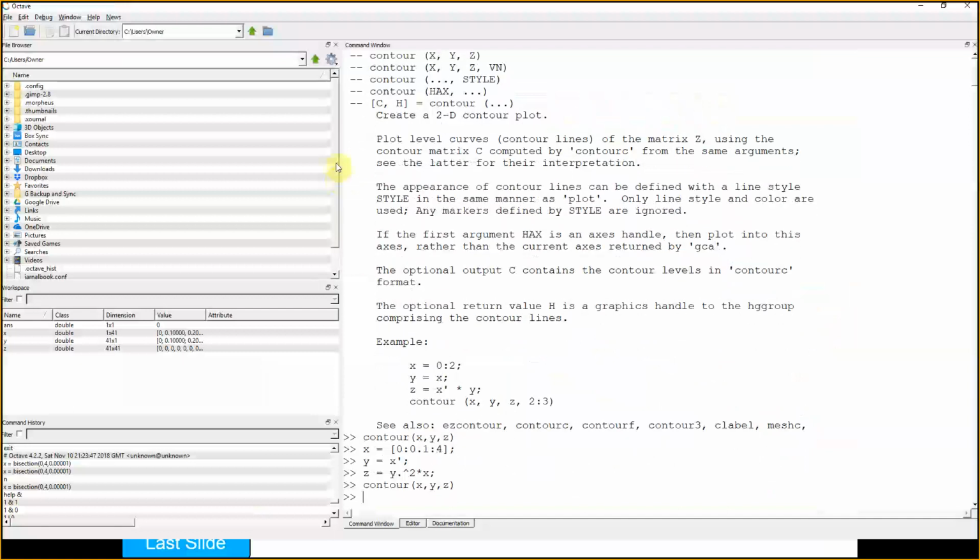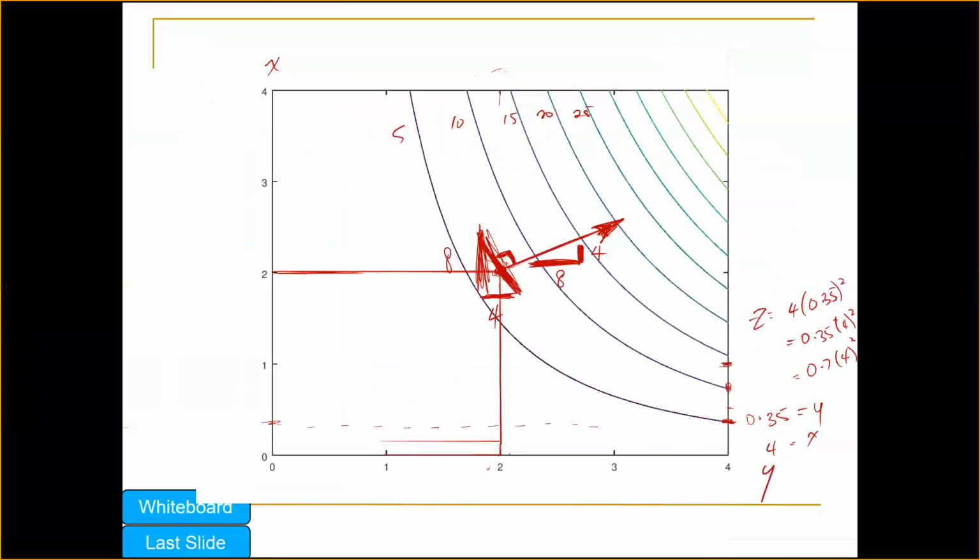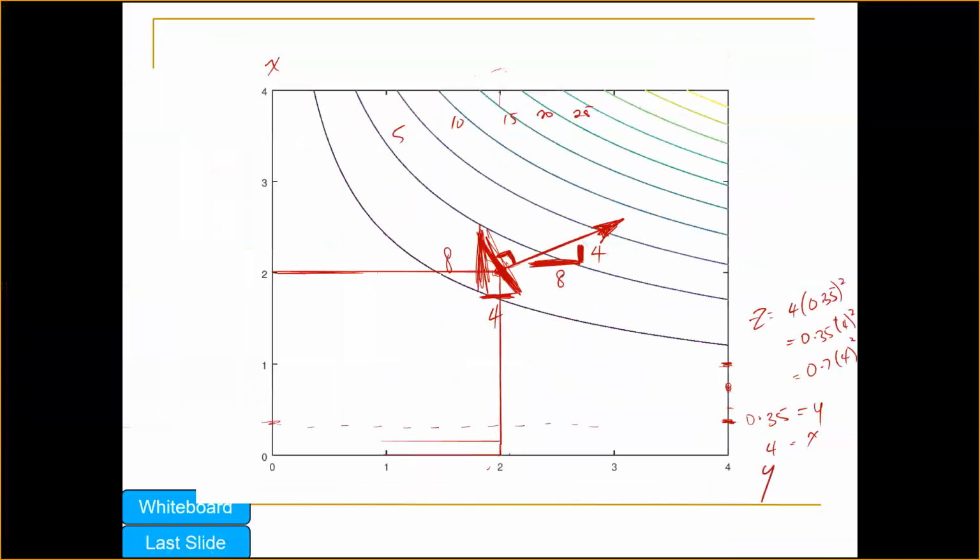Oh, plot quick this time. Oh, there we go.